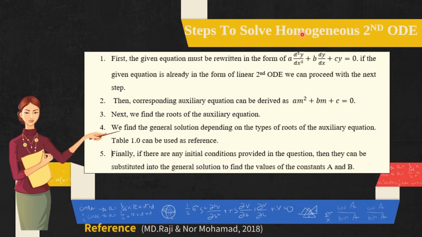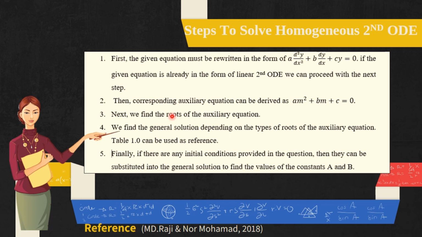Steps to solve a homogeneous second order ODE. First, the given equation must be rewritten in the form of a d squared y over dx squared plus b dy over dx plus cy equals 0. If the given equation is already in the form of a linear second order ODE, we can proceed with the next step. Then, the corresponding auxiliary equation can be derived as am squared plus bm plus c equals 0.